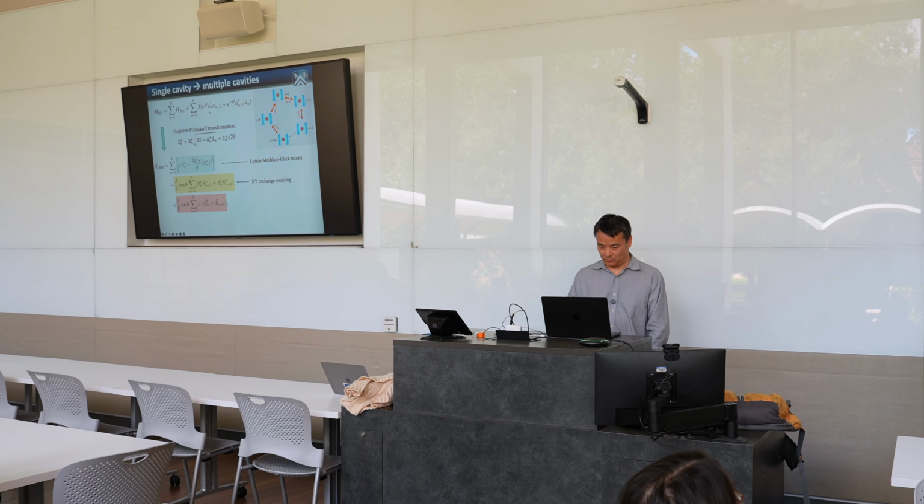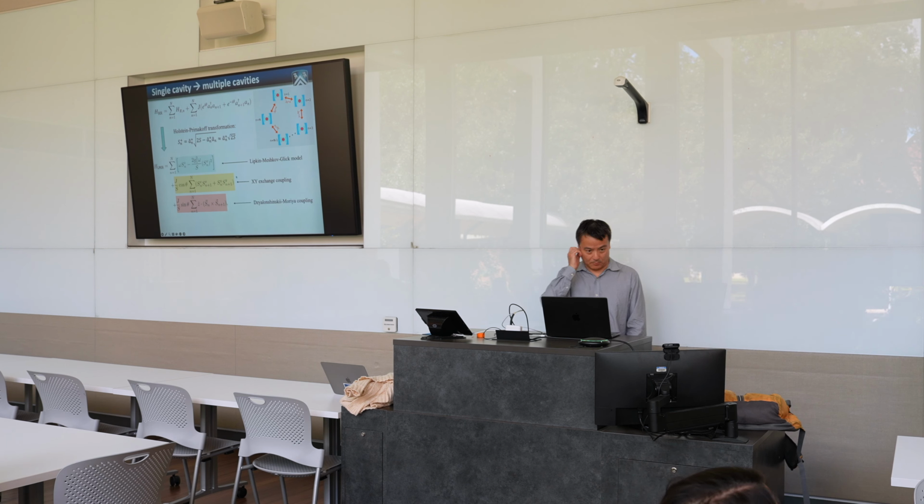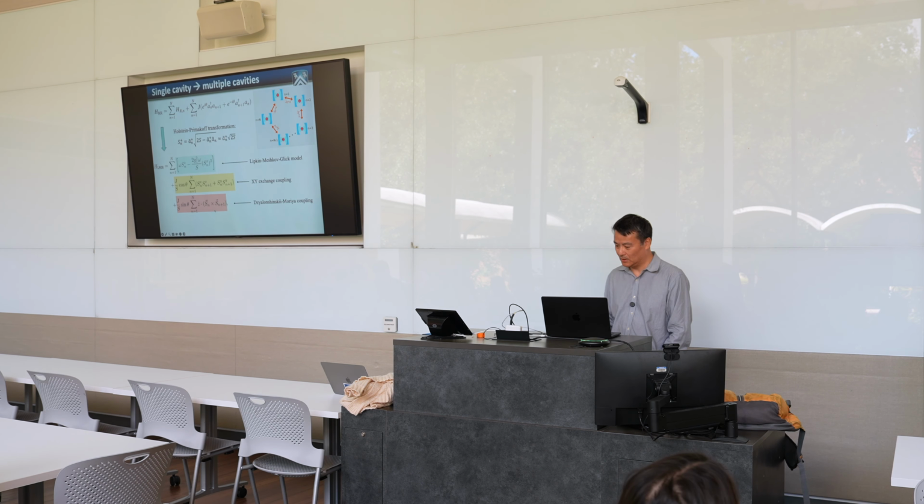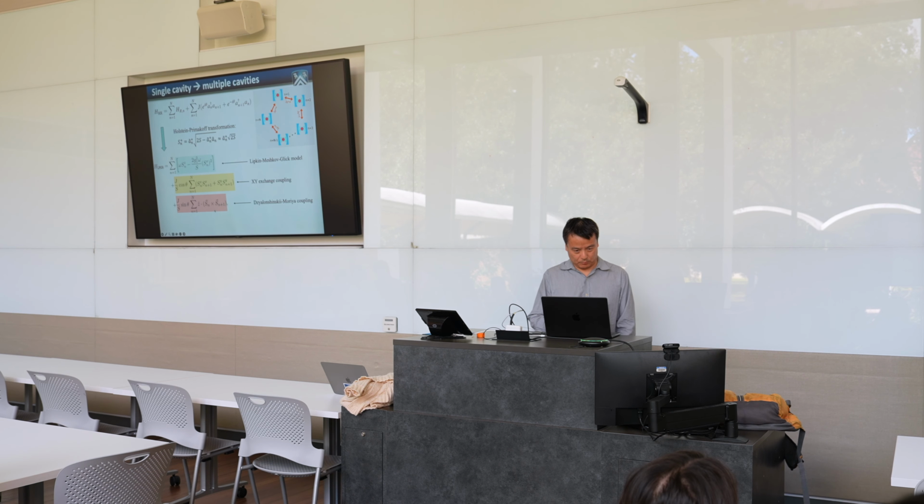The second line corresponds to an XY exchange coupling. It tends to align the neighboring spins along the same direction, either X or Y, in the XY plane. And the last line is the so-called Dzyaloshinskii-Moriya coupling term, or DM term. This is proportional to the cross product of the spins, so it tends to make the neighboring spins not collinear to each other.